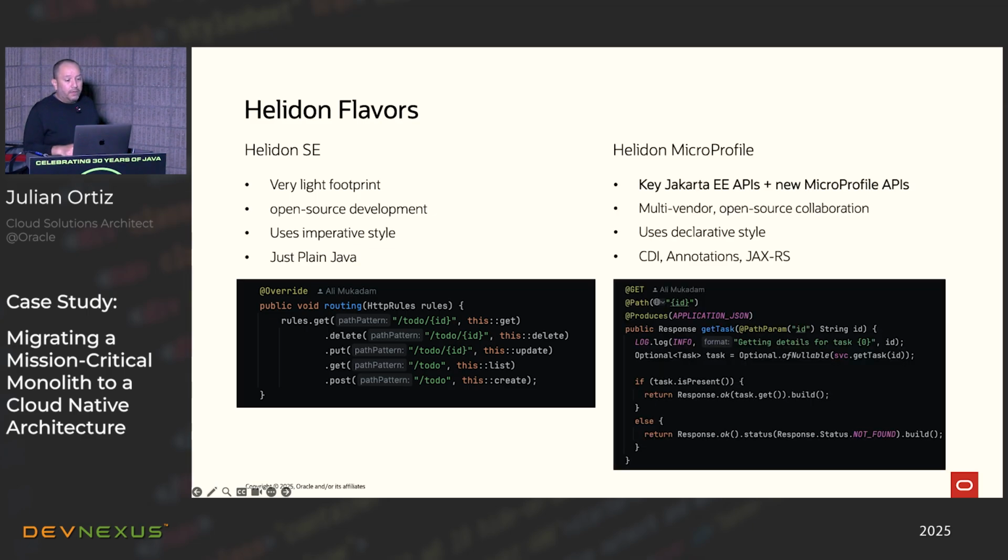Now, MicroProfile is an extension of SE. So you have the key features, key APIs, Jakarta APIs, conforming MicroProfile APIs, which again is something we were looking for. And you develop your application using a declarative style. You use CDI, or dependency injection, annotations, and JAX-RS to build your application or microservices.